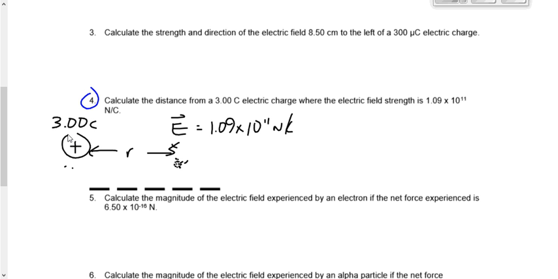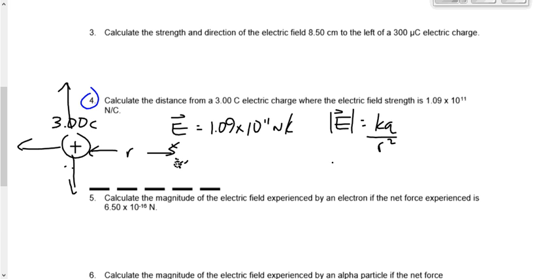So we're going to use one of our producer equations. Is it uniform or non-uniform? Well, what's the field look like surrounding a positive producer like this? That would be a non-uniform field, right? So we're going to use that first equation, that non-uniform producer equation, E is equal to KQ over R squared.